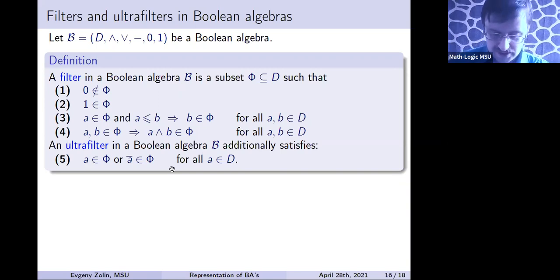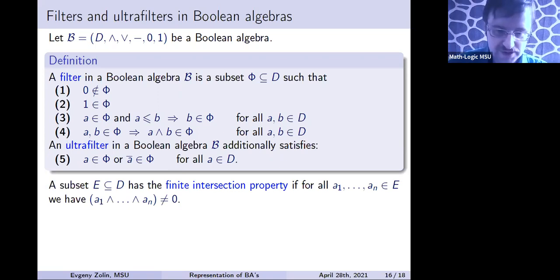And now we can introduce the same notions as we did in the lecture on filters and prove the same results. Namely, for example, we can introduce the notion that some subset E of B has the finite intersection property. If we take finitely many elements from E, then the conjunction is non-empty, is not 0.